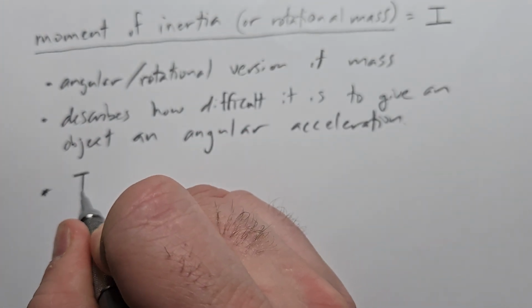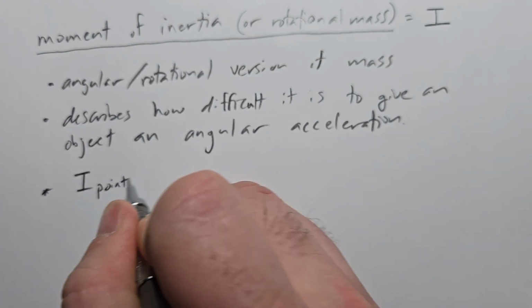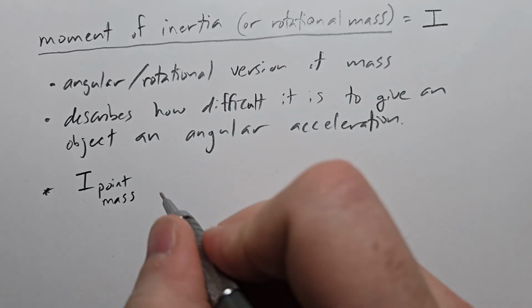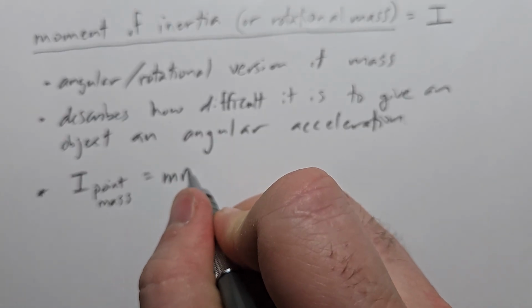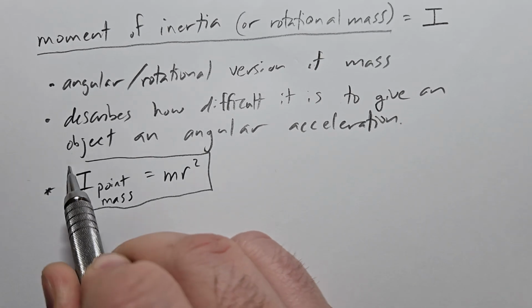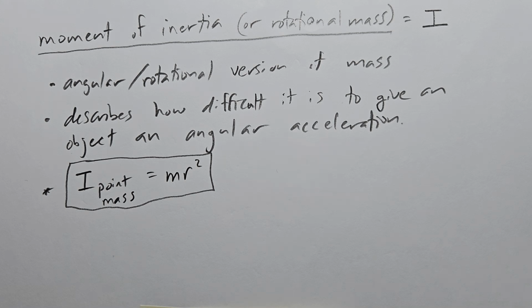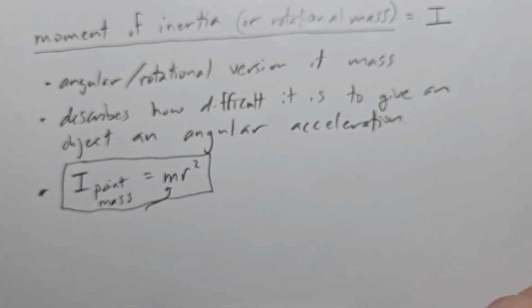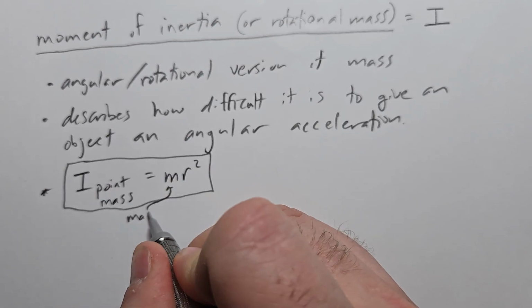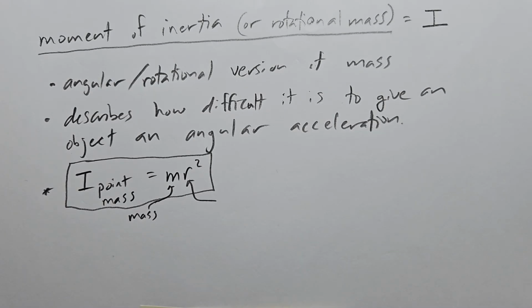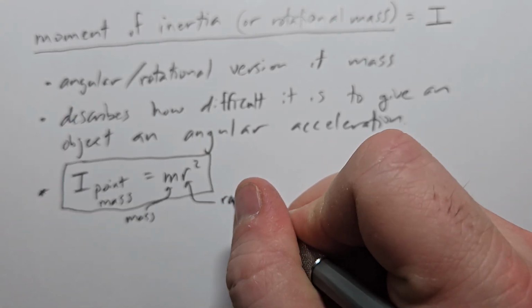The moment of inertia for a point mass is just going to be equal to mr squared, where, of course, m is the mass, and r is the radius from the axis of rotation.